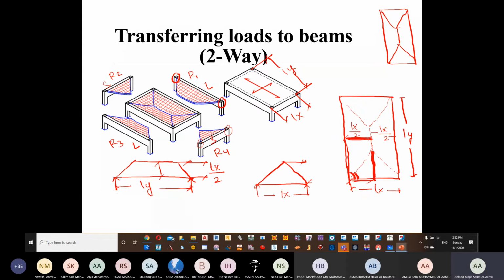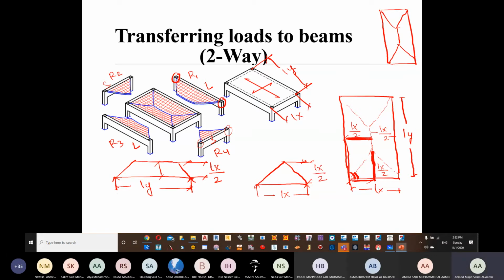Okay, the angle produced is 45. So tan of 45 is going to give you 1. So if this is Lx over 2, then this is going to give you Lx over 2 as well, right? Okay, so this is going to give you Lx over 2.